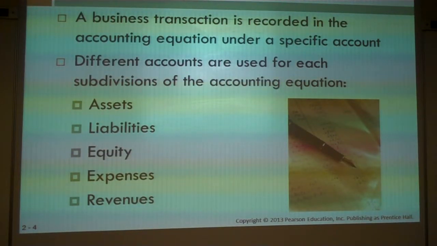Okay, it was a typing, word processing revenue. It doesn't always have the word revenue in it, but it's how the company is generating money. If we were cutting the grass, if we had a lawn company, what could our revenue be called? Lawn services. And that would be our revenue account.